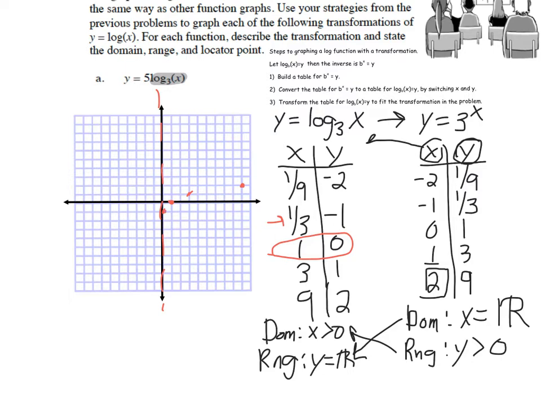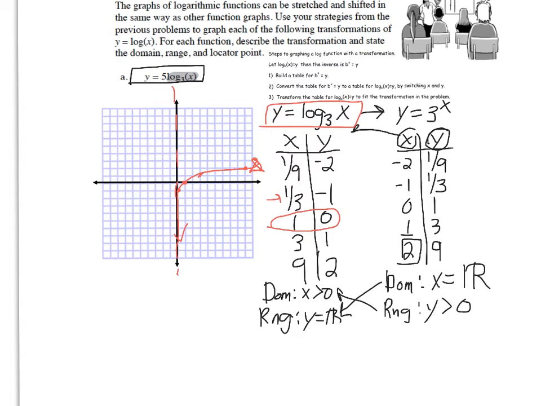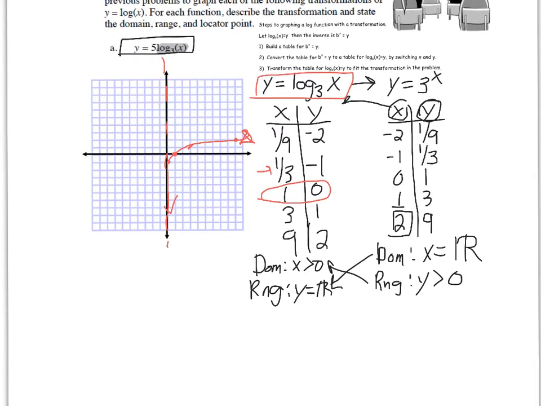So my graph looks something like that for y equaling log base 3 of x. But what I really want to create is 5 times the log base 3 of x. That means it's going to become 5 times taller, or a vertical stretch by a factor of 5.